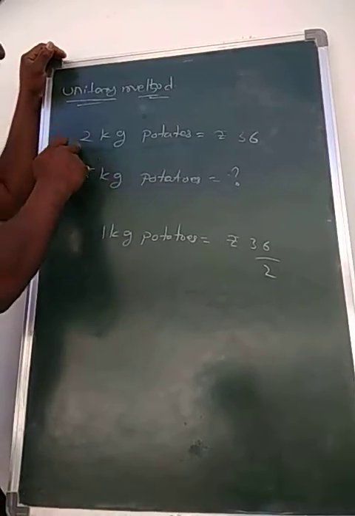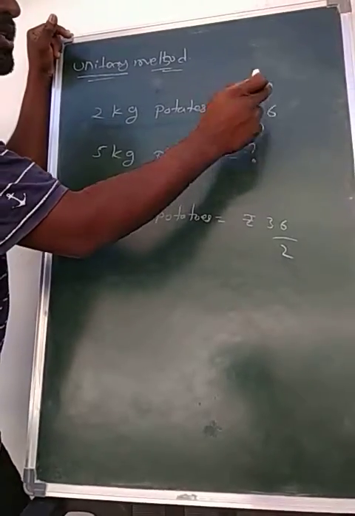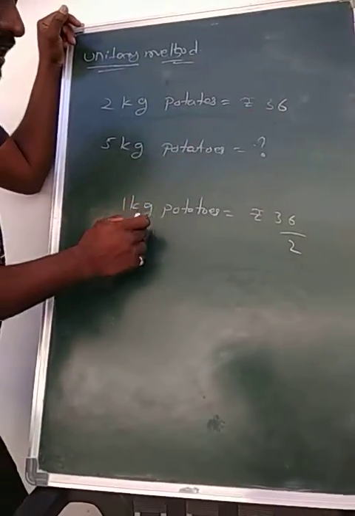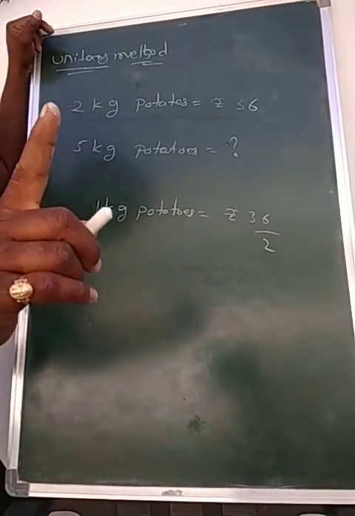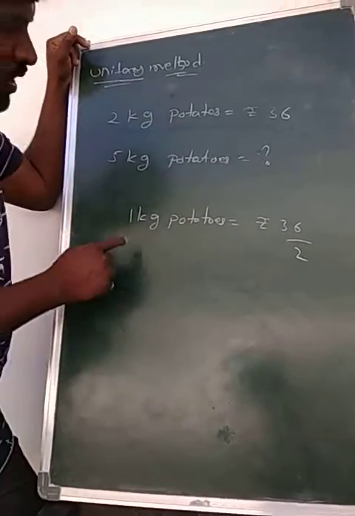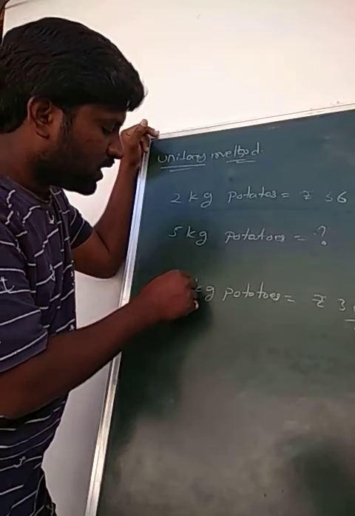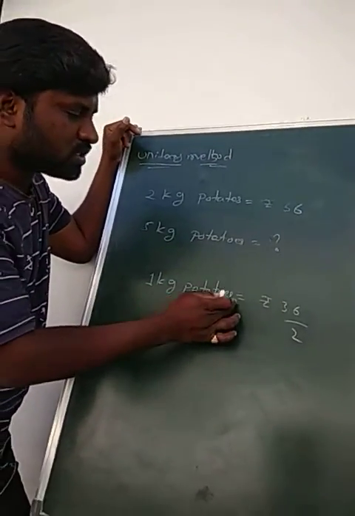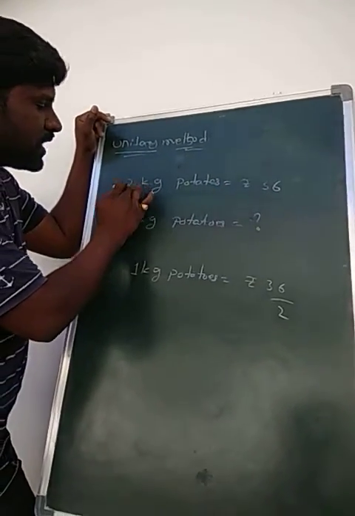What I have written here? I want first of all the cost of 1 kg potato. That's why 1 kg potatoes is equal to rupees 36 by 2.